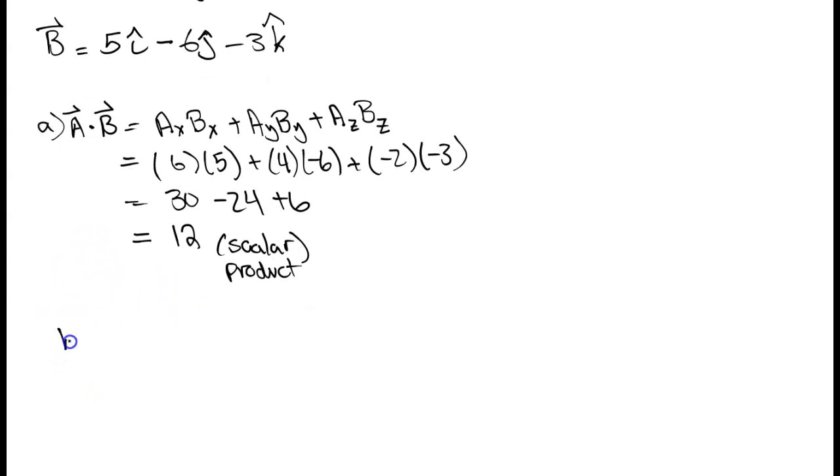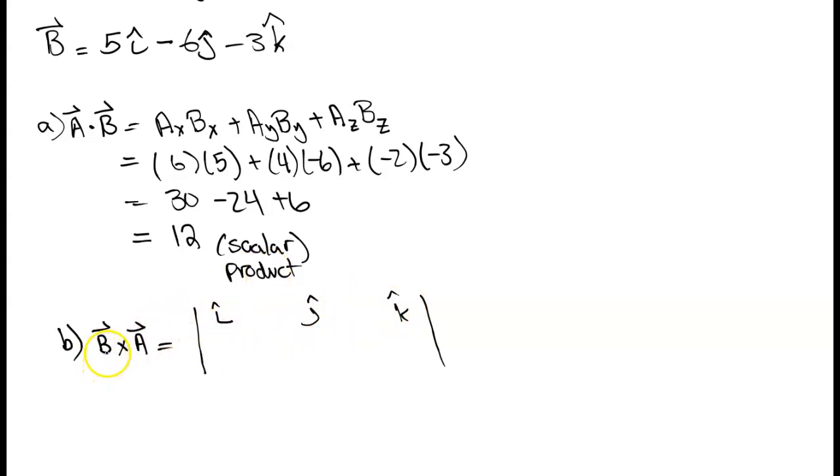In part B, we're asked to find what B cross multiplication with A is, and this is different than part A. To perform a cross product, we start by writing a matrix determinant in the form of i hat, j hat, k hat in the first row, and then this is important.